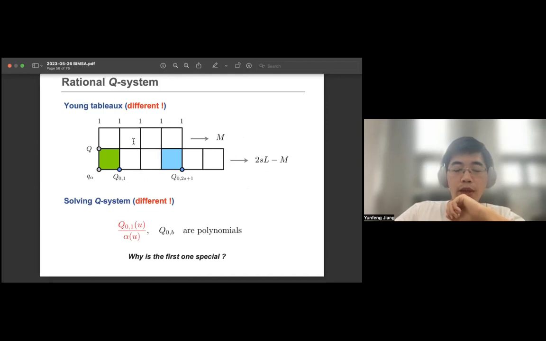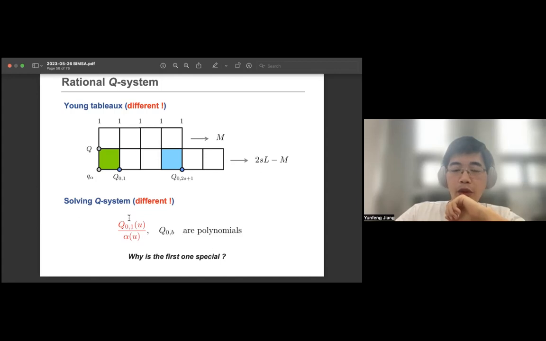Then we talk about solving the Q system. Before, what we did was we first imposed the boundary conditions at the upper and the left boundaries, and then we solved the Q system. We require all the Q functions on the Young tableau to be polynomials. Here we do more or less the same, but there's one important difference: we require Q01 divided by alpha, where alpha is a polynomial, and the rest of the Q0b to be polynomials.